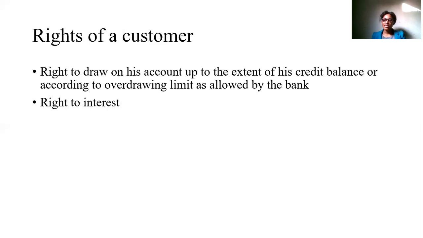When the bank states that you can only draw up to 2,000 a day, then the customer has to oblige to that. Yes, they have the right to draw on their account up to the extent of their credit balance, but they can only draw up to that limit a day. But it doesn't mean that the following day they cannot withdraw. No, they can withdraw up to their credit limit.